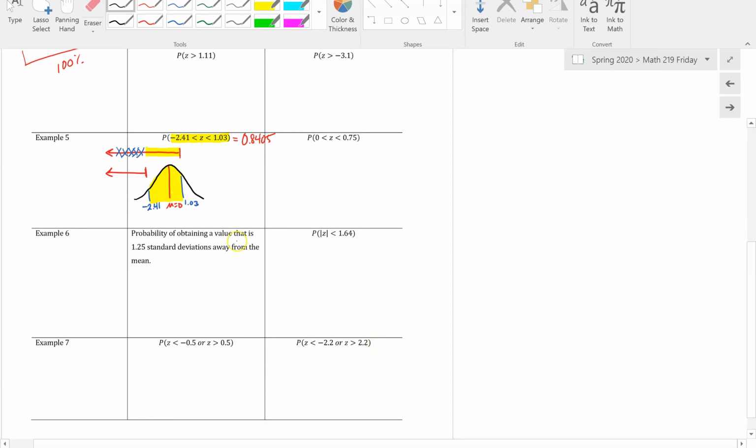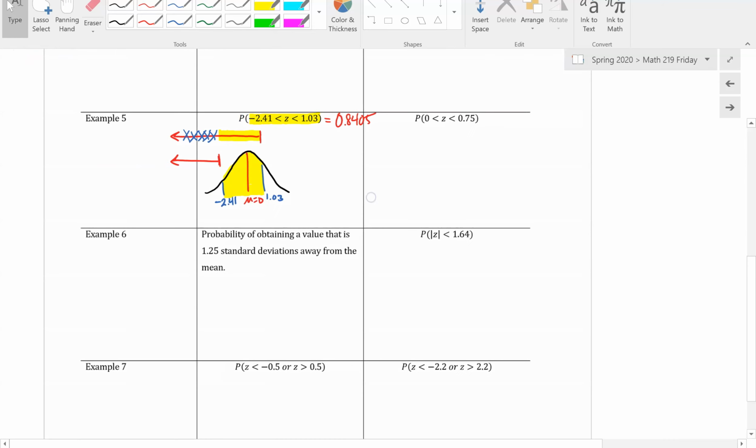Here it says find the probability of obtaining a value that is 1.25 standard deviations away from the mean. Another way they could say that is like this. Because really what's going on is the distance, that's what absolute value is. It is distance, right?